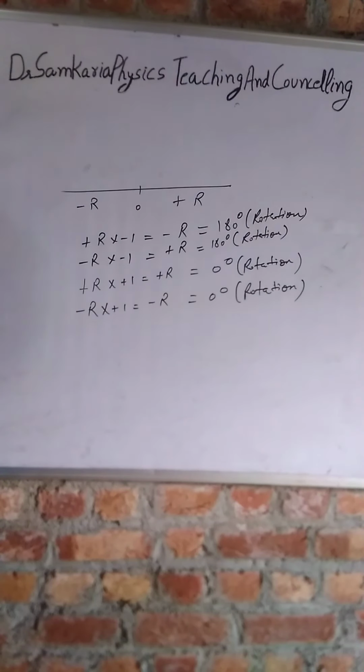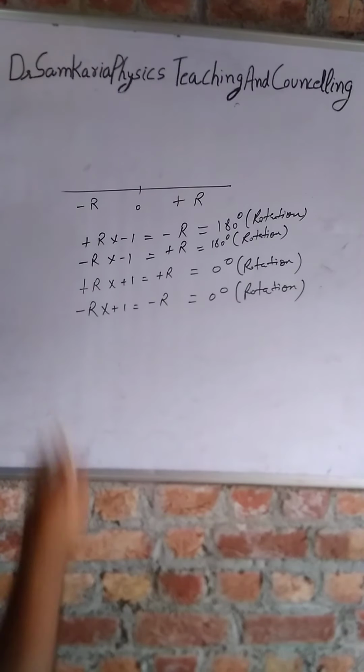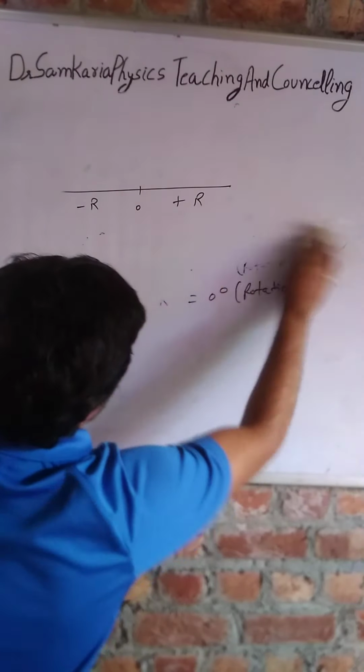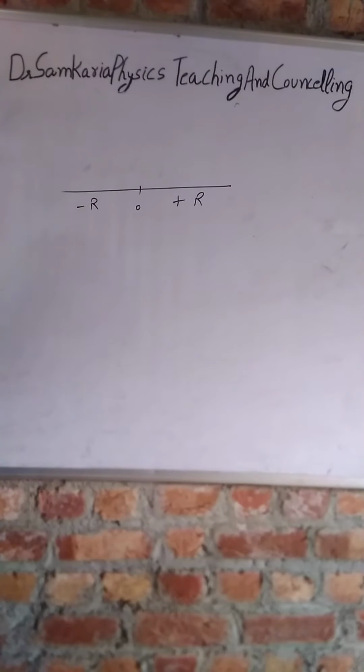So student, here the conclusion is that multiplication of any real number, whether positive or negative, with minus 1 rotates it by 180 degree. Now suppose we want a number that gives a rotation of 90 degree, then we have no such number on this real number line, because on this real number line no number will give you a rotation of 90 degree. Now this rotation of 90 degree is what was given by imaginary numbers.